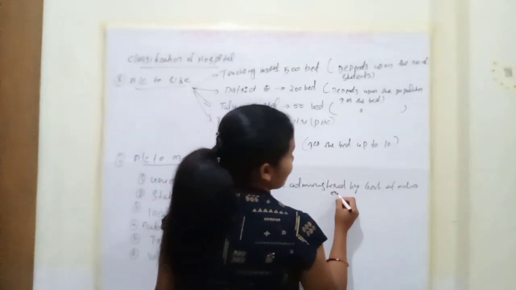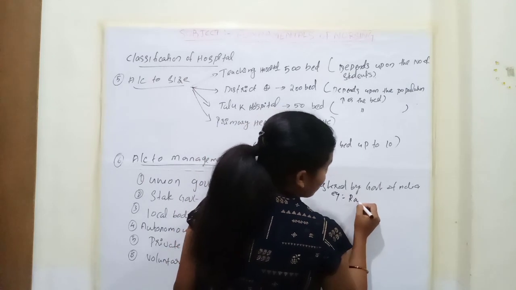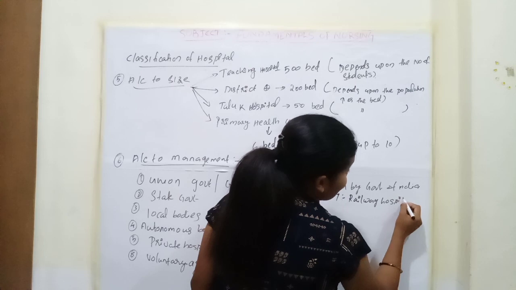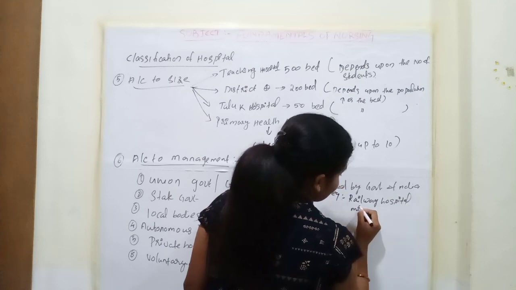Here we can write the examples: railway hospital and military hospital.